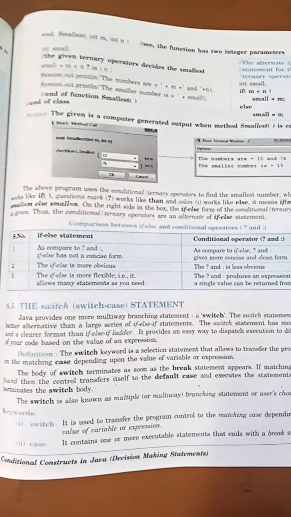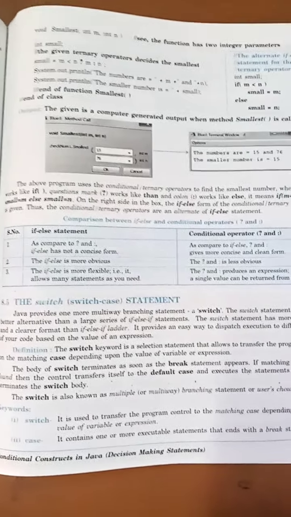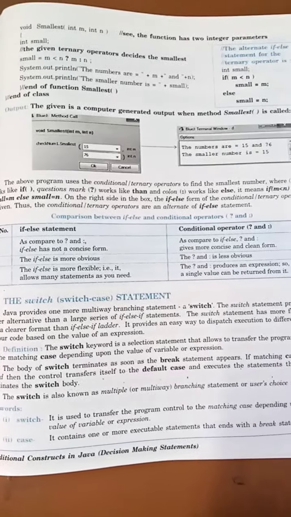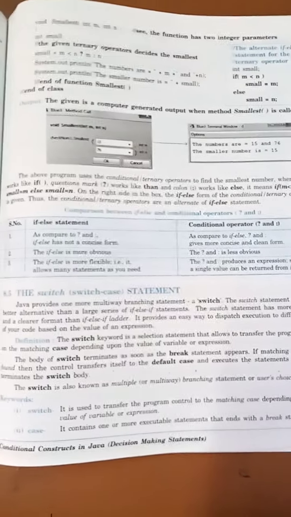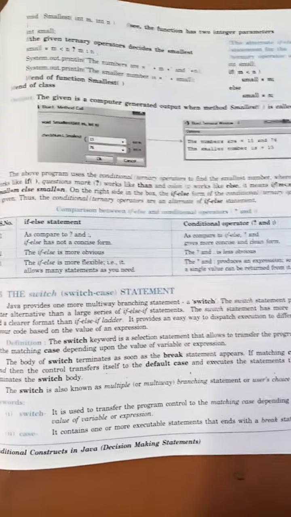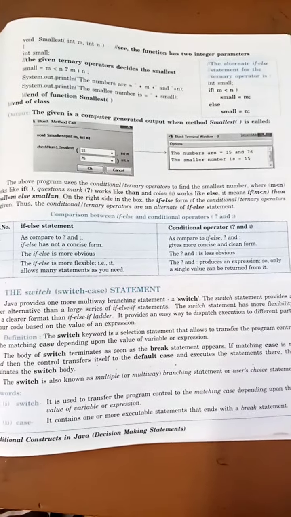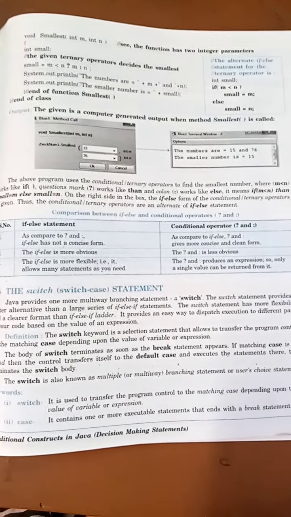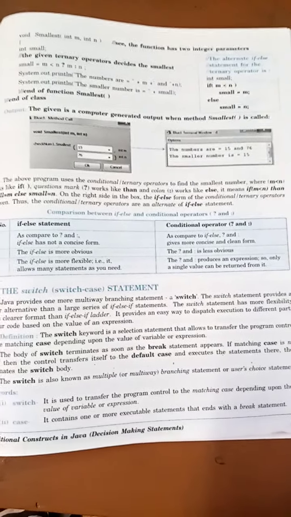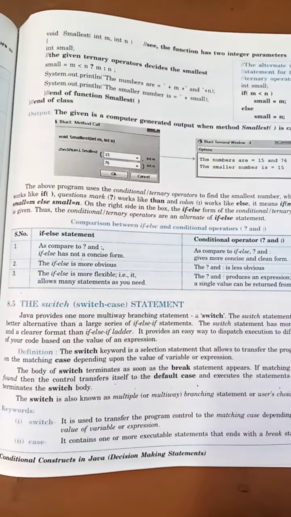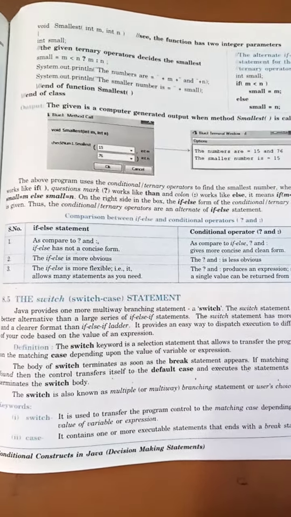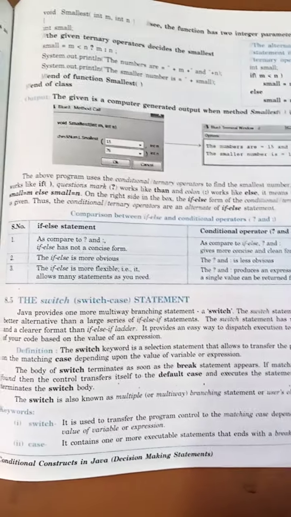Then different cases will be there within the switch braces. There will be braces, and within the braces different cases will be there. If any case matches, then after executing that particular case, because in each and every case there will be a break statement, the switch terminates.